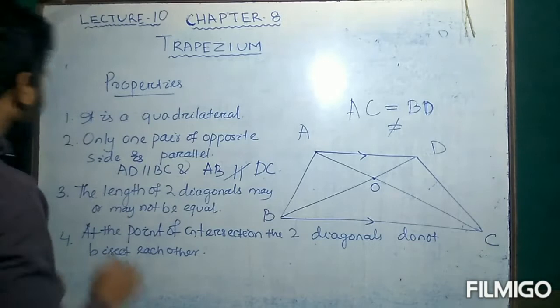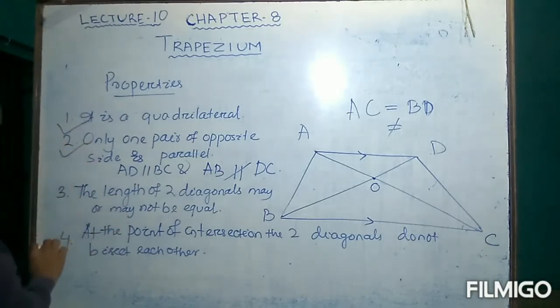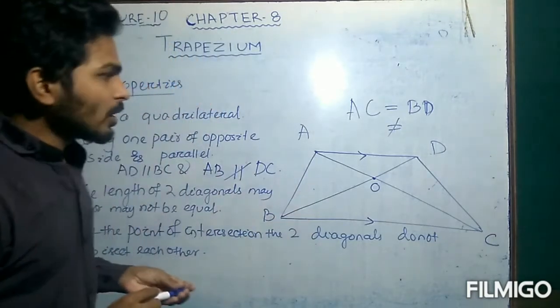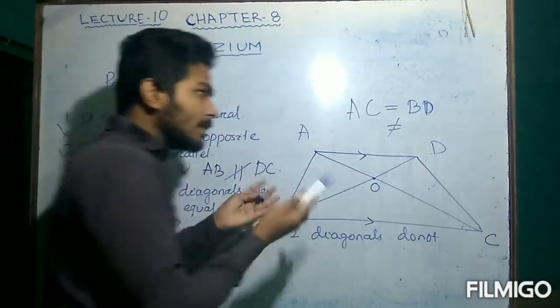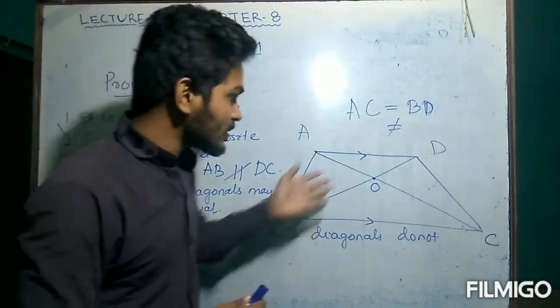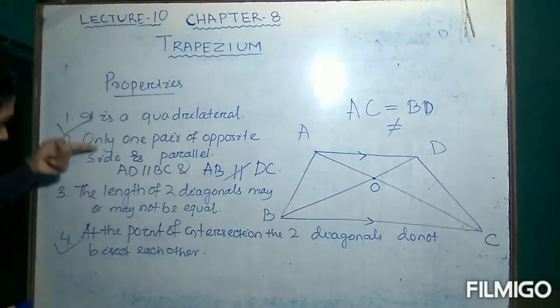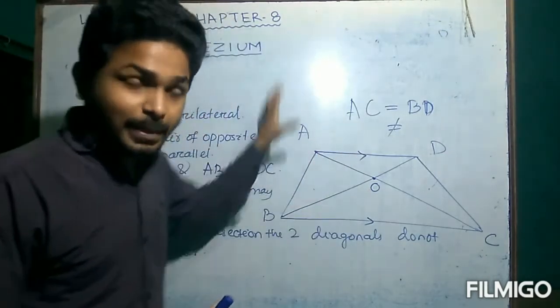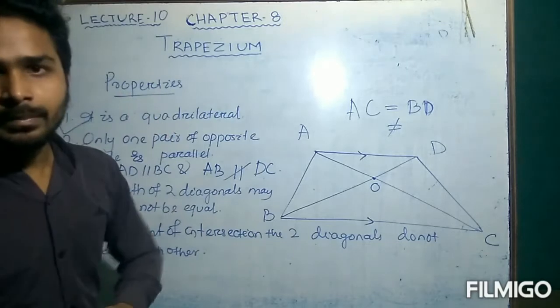Out of the four properties, you have to remember just the 1st, 2nd and 4th. The third property is not necessary, because the lengths of the two diagonals may or may not be equal, and we can't say before measuring the distance. So remember just properties 1, 2 and 4 in order to be a trapezium. These are the basic properties of a trapezium.